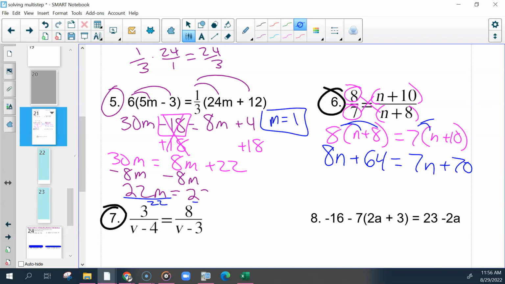I am going to start doing the 2 steps we did here, moving 18 and moving 8m. I'm going to start doing that at the same time. If you would like to still see it written out as 2 separate steps, you can still do that. I'm just going to do it as one combined step. So what I mean by that is, let's say I wanted to move 7n over here to the left.